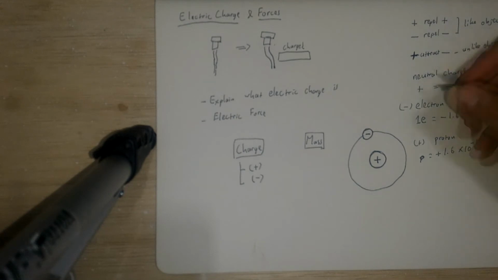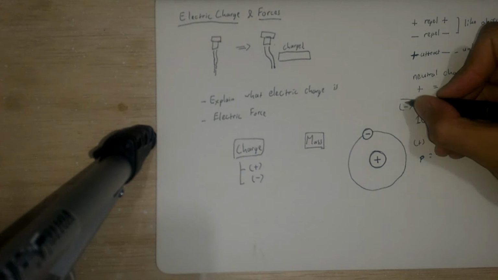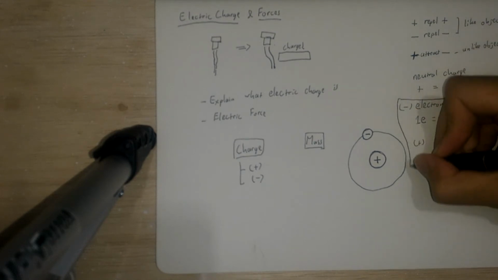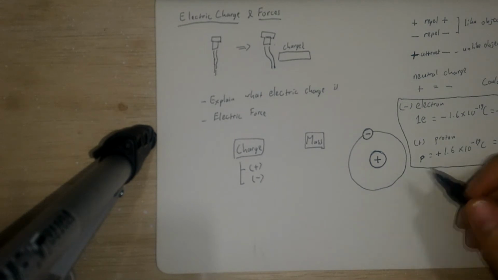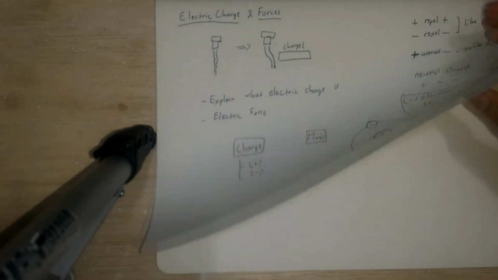But now I want to focus on how we can calculate the net charge of an object. So we say that the charge of one electron is negative e and the charge of one proton is positive e. So I have some problems.